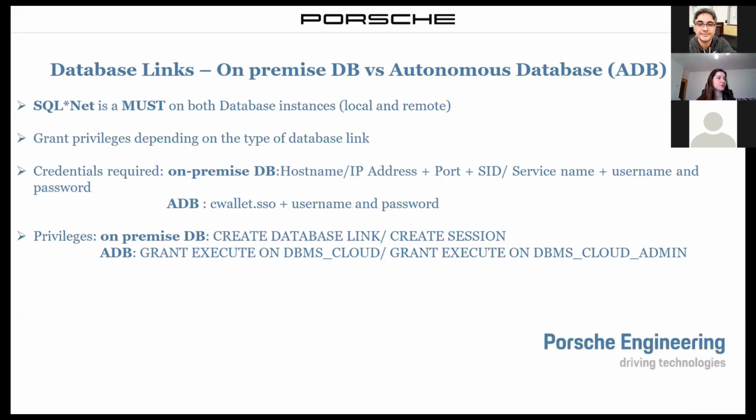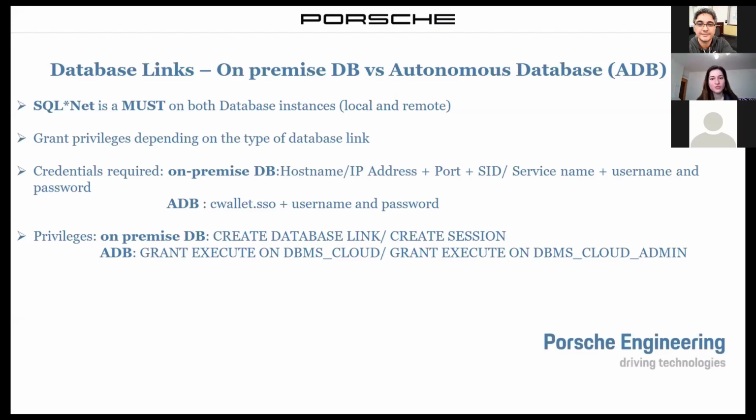So it's a boundary between them. And it's a must between local and remote databases. What is already known is that you have to grant some privileges to specific users in order for them to be able to create those database links. And this is the same thing for on-premise databases and autonomous databases as well.